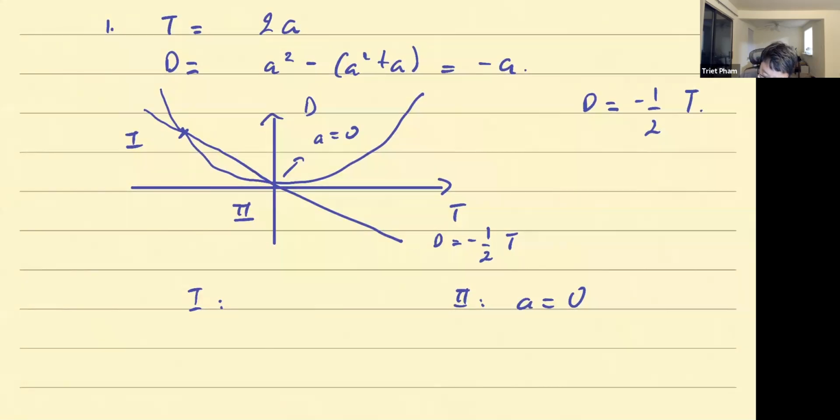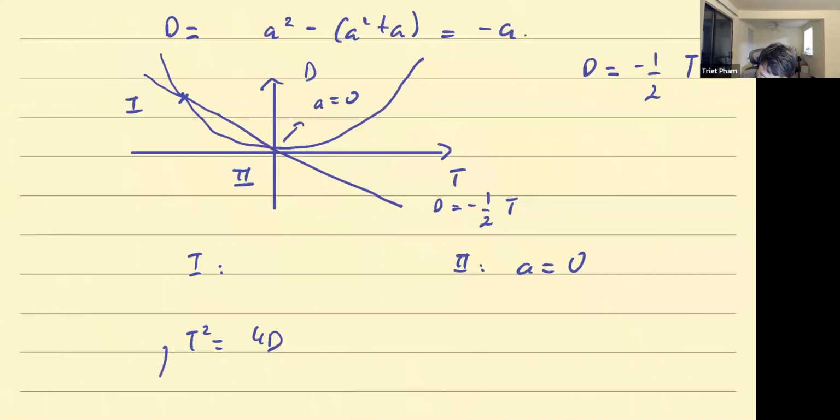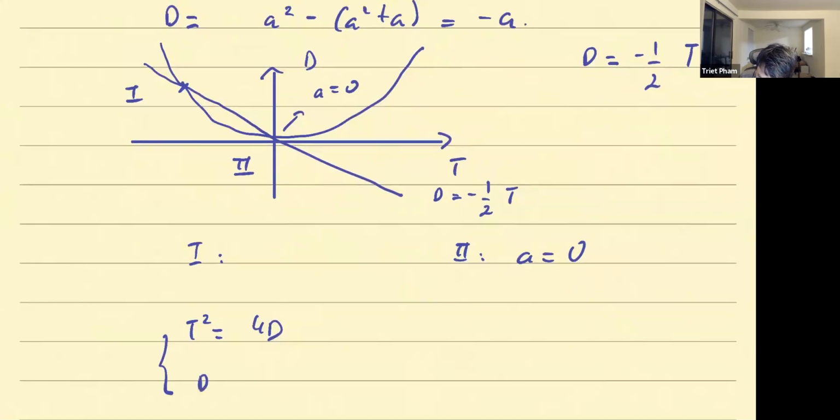There are several approaches, but you realize it's the intersection of the parabola with the line. So you have t squared equals 4d as the parabola, and d equals minus 1/2 t. If you plug this in, t squared equals minus 2t.